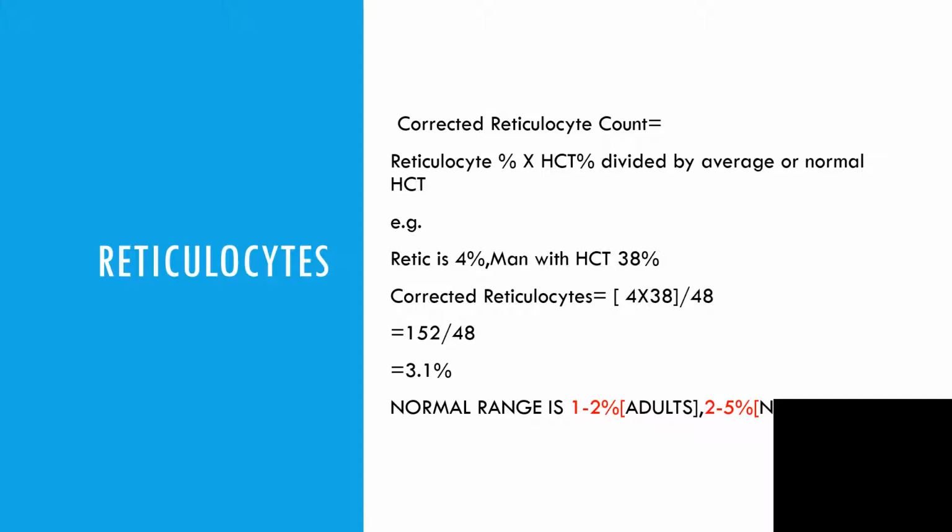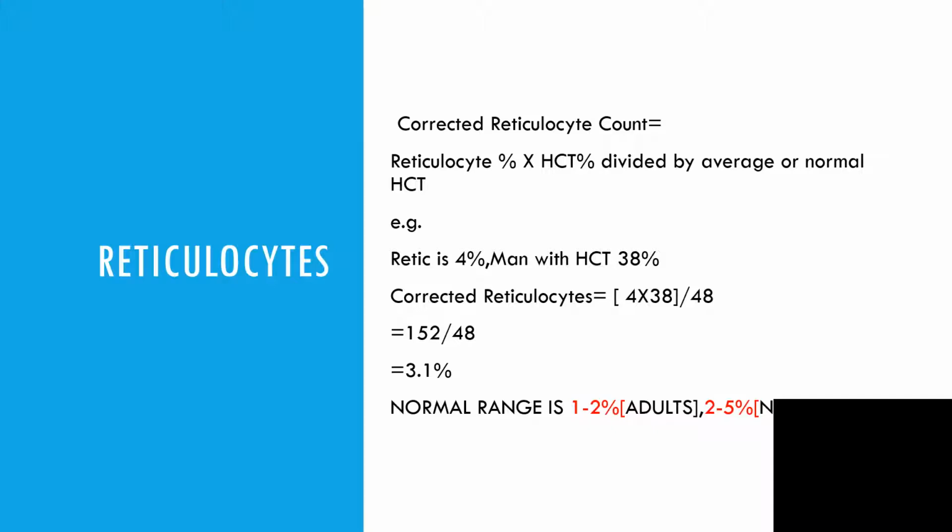So I'm going to report the corrected reticulocyte as the reticulocyte count of 4% multiplied by the hematocrit of the same man divided by what I will expect as average normal. So at this stage, for him, I will take 48%.